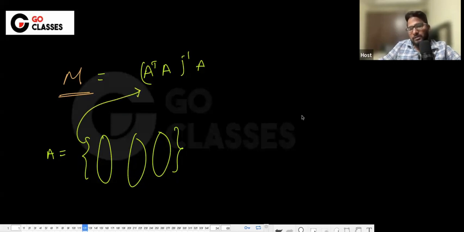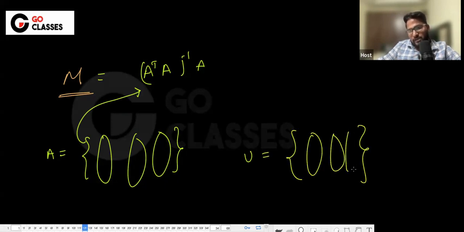Now let's take one more basis. Let's suppose U. U is the basis of the same vector space, but this is an orthonormal basis. I don't know the formula for now, but there will be some formula, right?